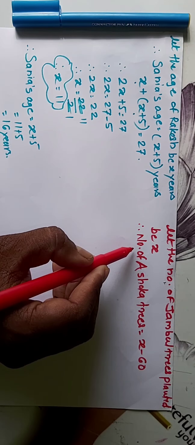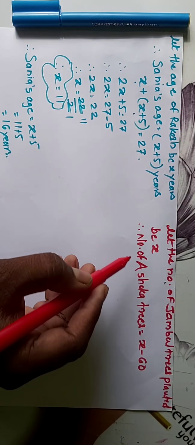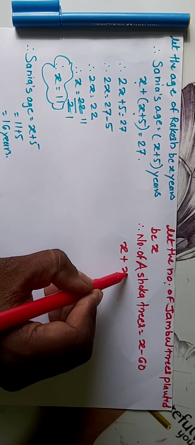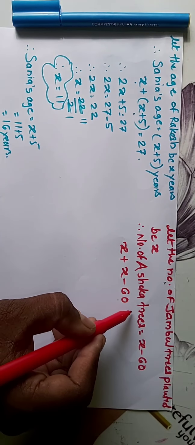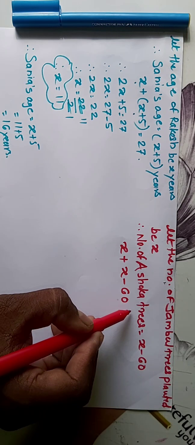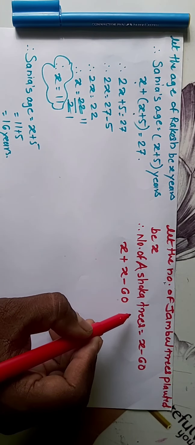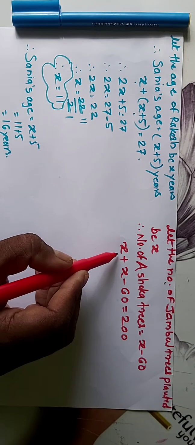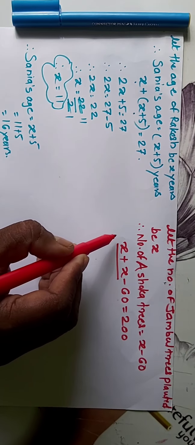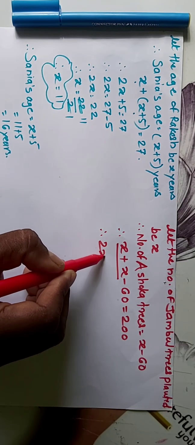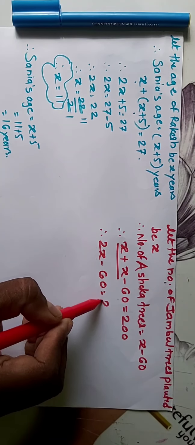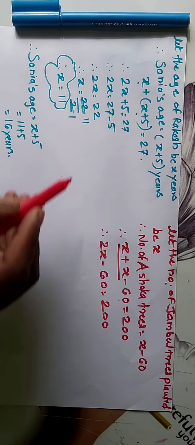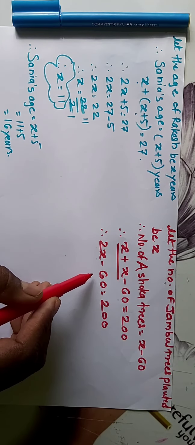Now students, according to the given information, x plus x minus 60, jambul trees and ashoka trees together, gave 200 trees. So we got this equation. Now x plus x is 2x, minus 60 is equal to 200. Now students, you have to solve it the same way.